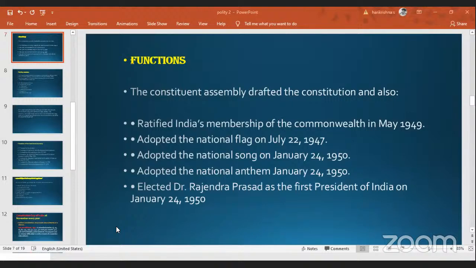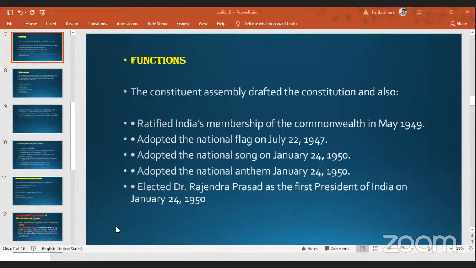It adopted the national song and the national anthem on January 24, 1950. Then it elected Dr. Rajendra Prasad as the first President of India on January 24, 1950.